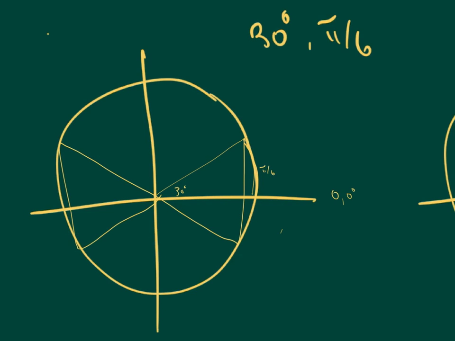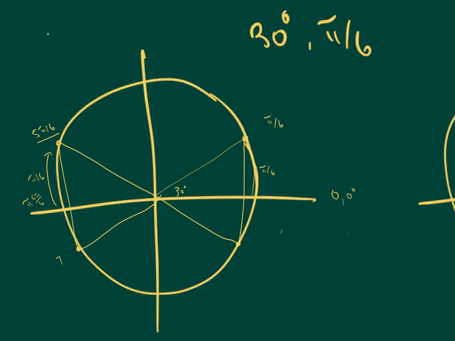And then you'll want to label what radians you are all the way around at these 4 points. So here we are at pi over 6. On this one we are at pi, which is 6 pi over 6. So back here we're at 5 pi over 6, because if we scoot back pi over 6 units from 6 pi over 6, then we'd end up at 5 pi over 6.